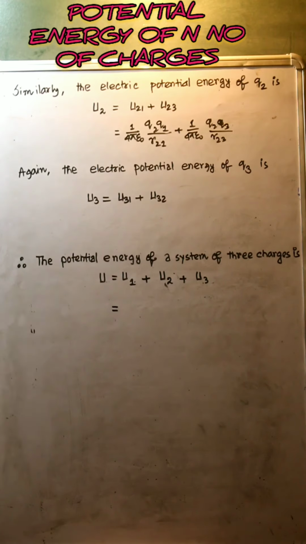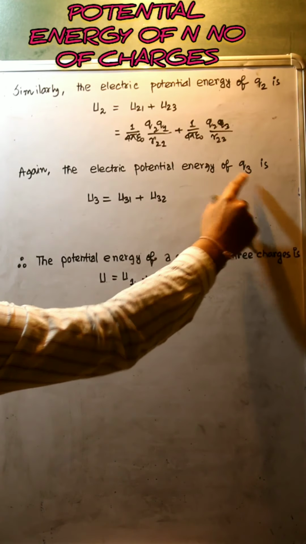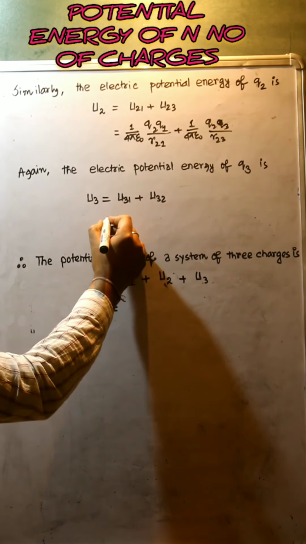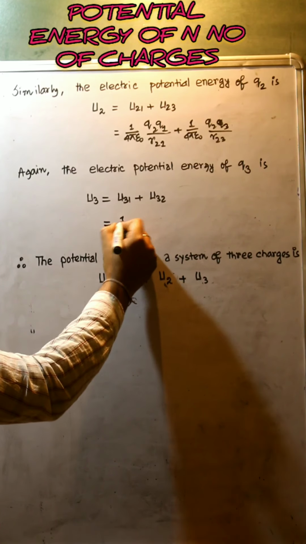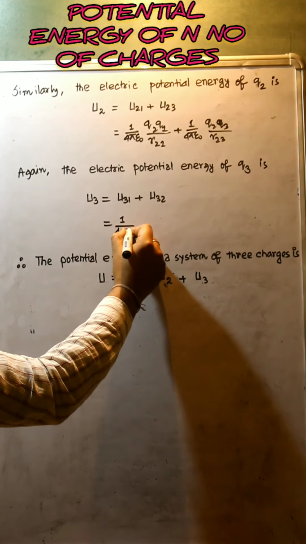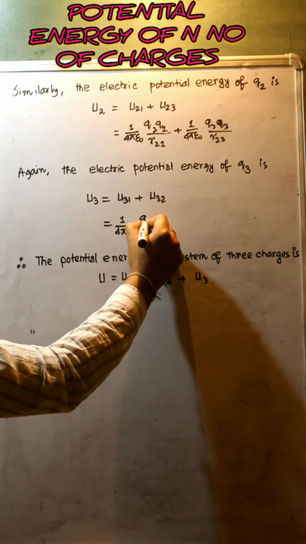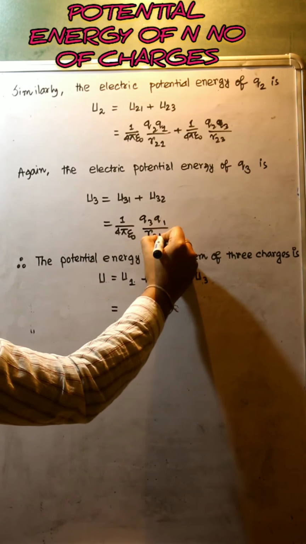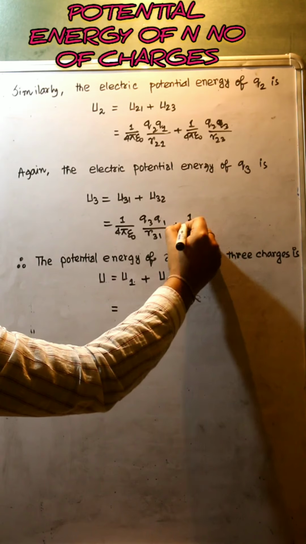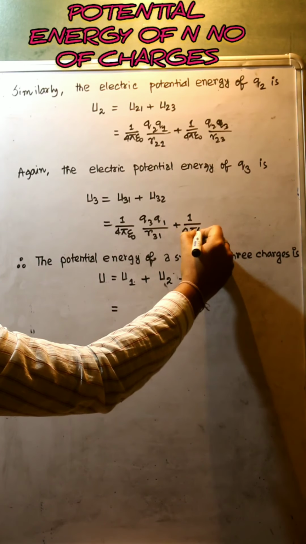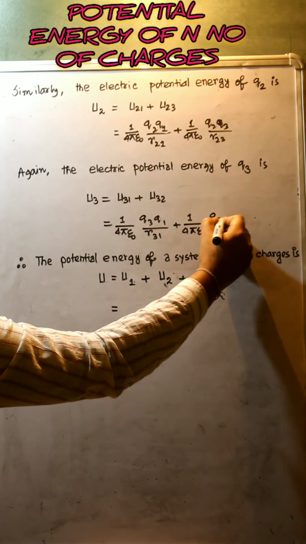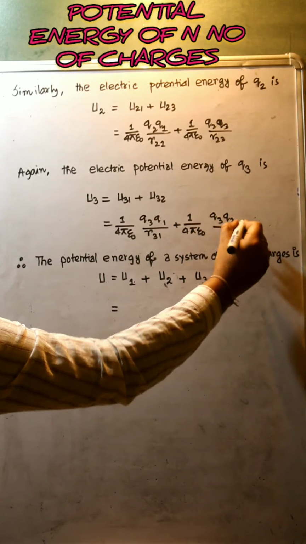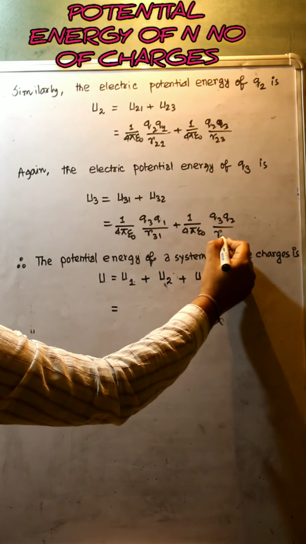Again, the electric potential energy of the third charge Q3 is U31 plus U32, which is 1 by 4 pi epsilon 0 Q3 Q1 divided by R31 plus 1 by 4 pi epsilon 0 product of two charges Q3 Q2 divided by R32.